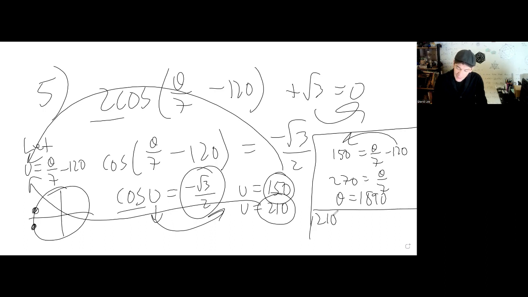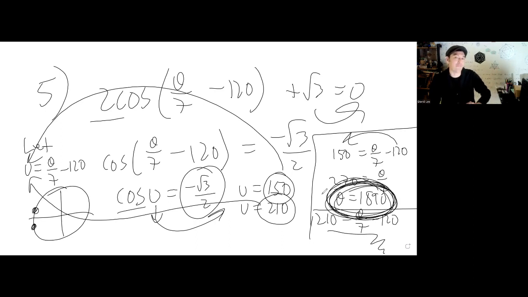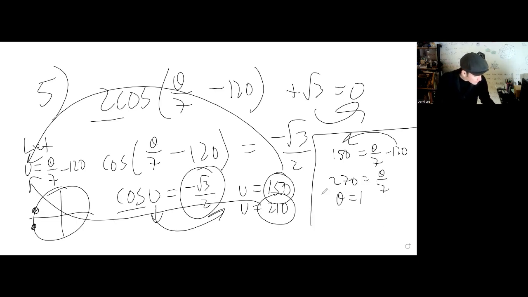You'd have 210 equals theta over 7 minus 120. But in the directions, they wanted the smallest answer of theta. If I continue with this, I'll get a theta bigger than 1890. And I want the smaller answer because the directions said that, so that's my final answer right there for number 5. So let's continue with number 6.